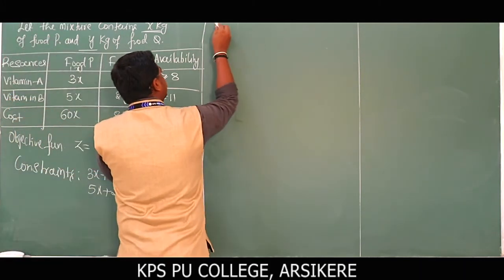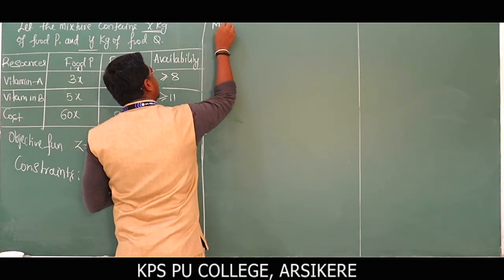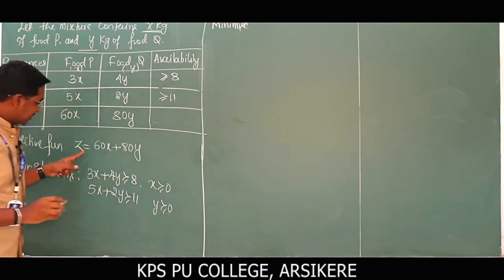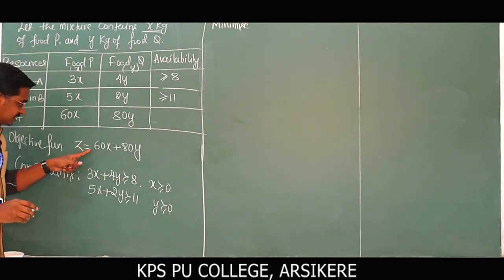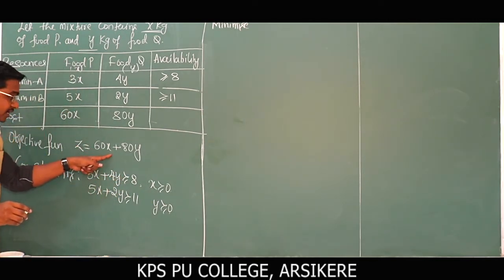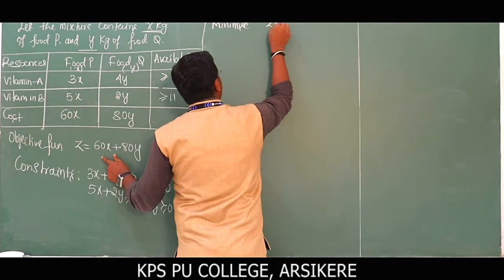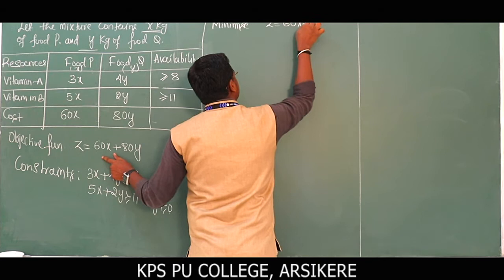What is our objective function? Objective function here, z is equal to 60x plus 80y. Here we have to minimize this function. Z is equal to 60x plus 80y.